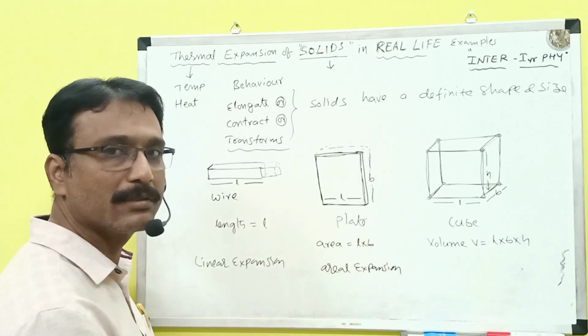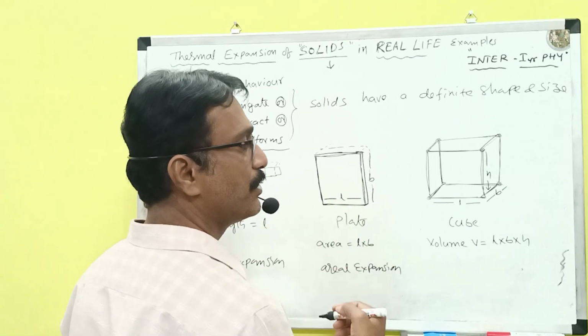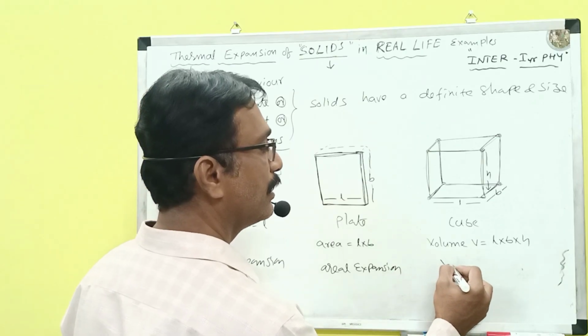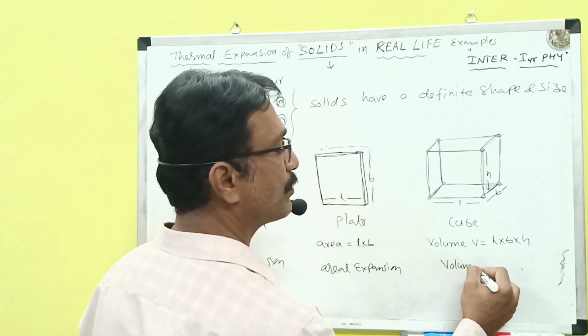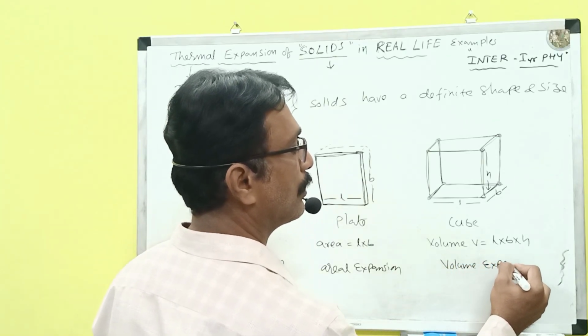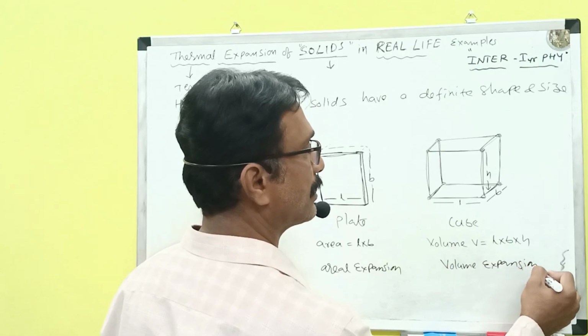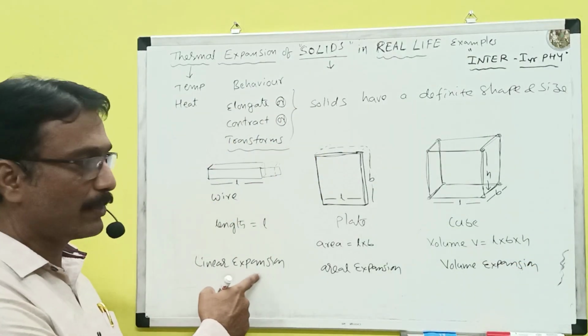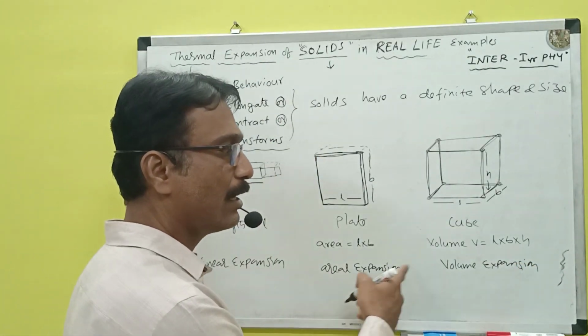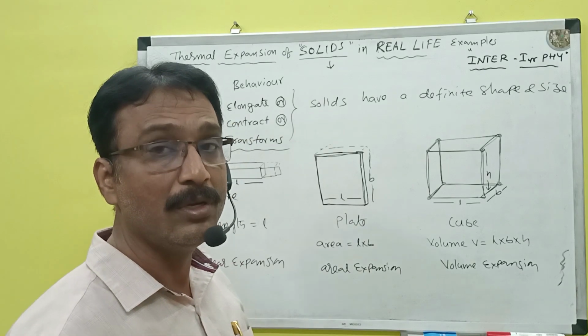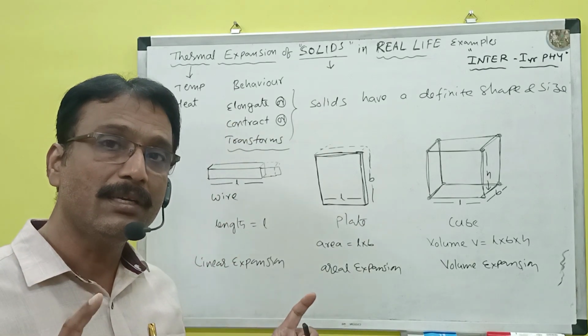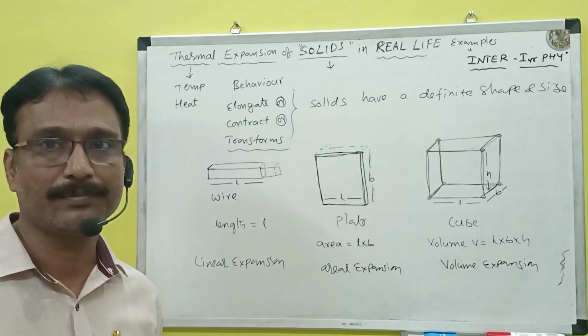In the case of a three-dimensional body, this is volume expansion. Remember these things: for solids, linear expansion, areal expansion, and volume expansion are available only on heating the solid materials.